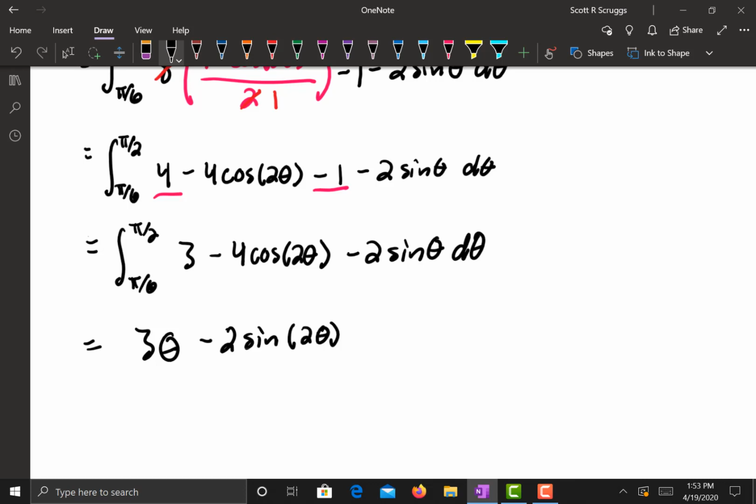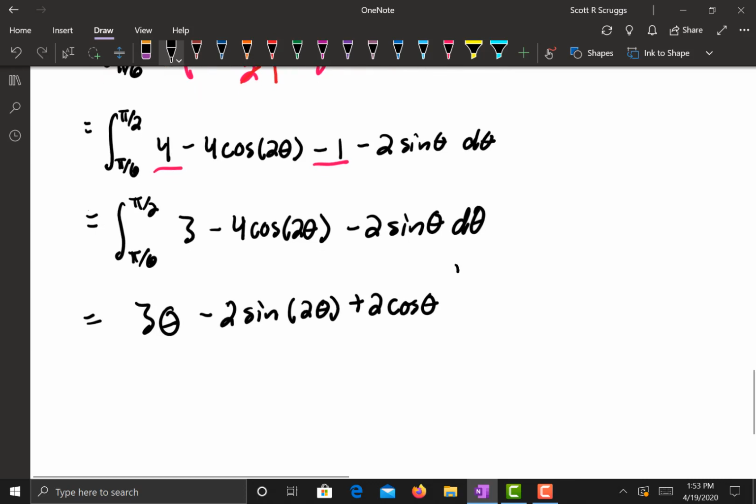And antiderivative of sine is negative cosine. So plus 2 times cosine of theta. And because I have a definite integral, the fundamental theorem of calculus says evaluate the antiderivative at the upper bound, and subtract the antiderivative evaluated at the lower bound.